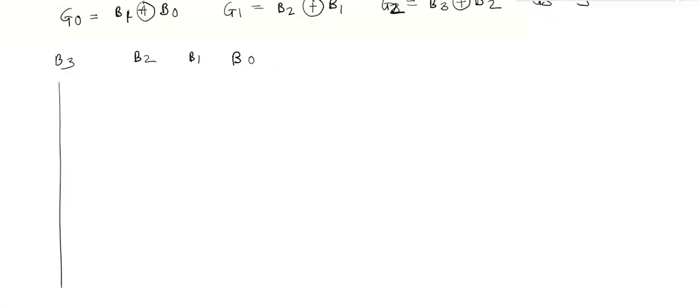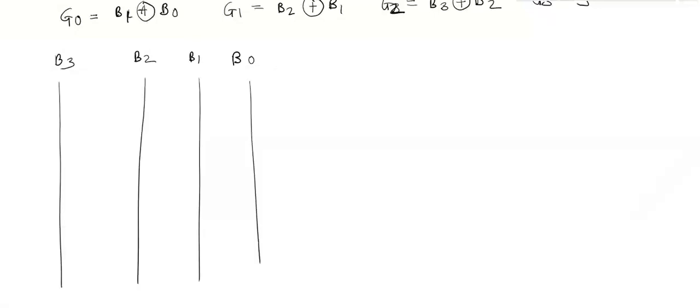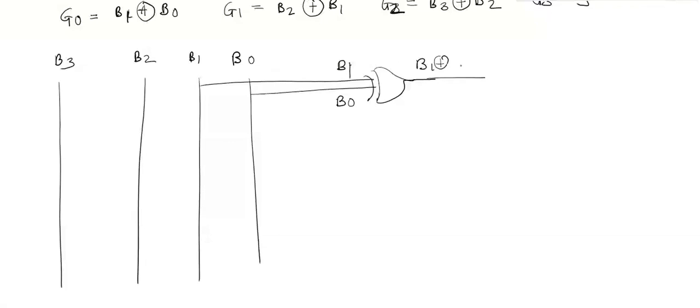The inputs I am going to represent like this. Now we'll first implement G0. Now for G0, the XOR operation is performed for the inputs B1 and B0. Now B1 is the first input and the second input is B0, and the output is giving B1 XOR B0, which is nothing but G0.